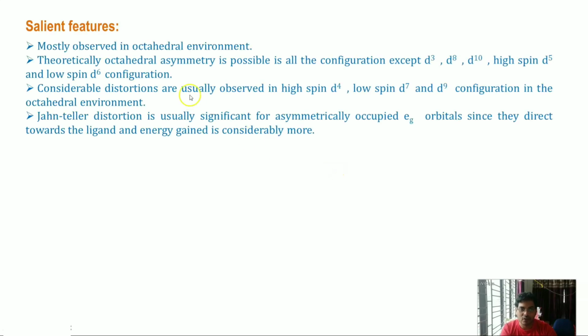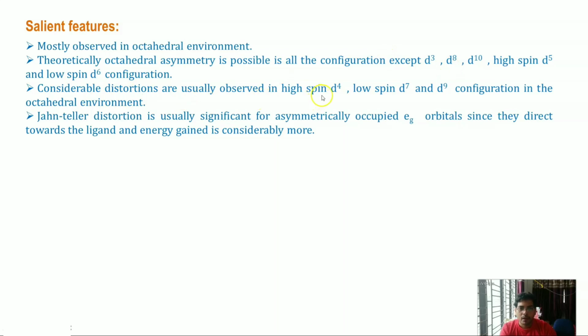There are salient features about this kind of distortion. Mostly this kind of distortion occurs in octahedral environments. Theoretically, d3 is symmetrically occupied. Similarly d10, d8, high spin d5 and low spin d6 are all symmetrically occupied. So you cannot have any distortion for these configurations.